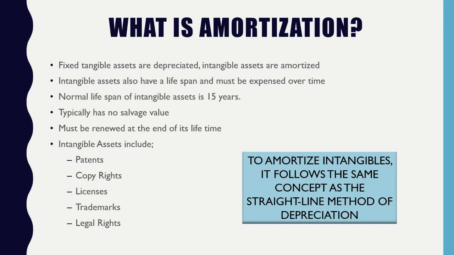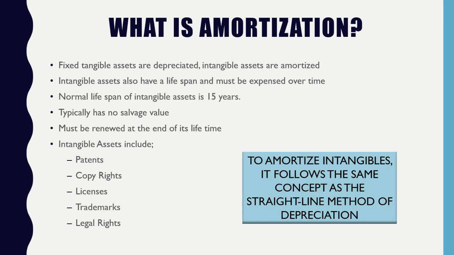And you know what the great thing about amortization is? It's going to follow identically what the straight line method is. This is why I crammed 11.3 and 11.4 together, because we learned what straight line does.